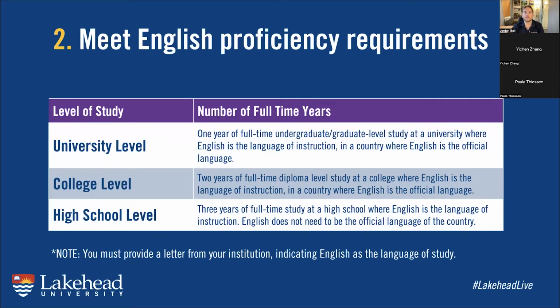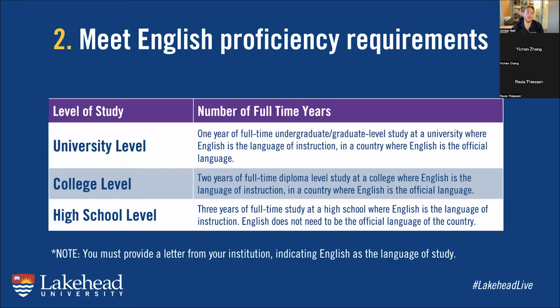So like I was saying, with regards to your past studies, for those students that are joining us from university level studies, we will require 1 year of full-time undergraduate or graduate level studies at university where English is the language of instruction, as well as the country itself, English is the official language. At the college level, we're looking for a similar thing, except it's 2 years of full-time diploma level studies at a college, again, where English is the main language of instruction and the country is English.